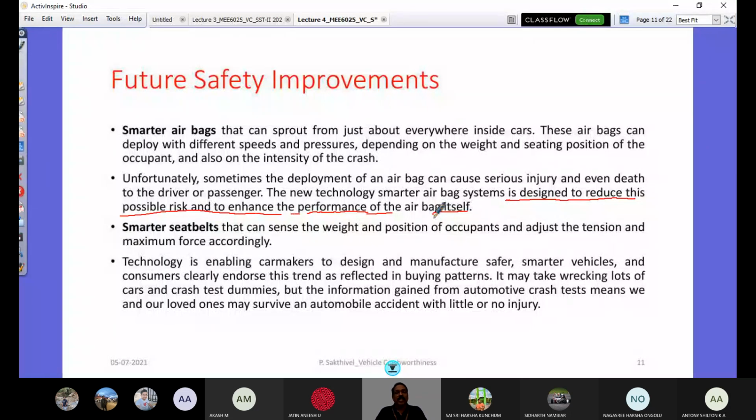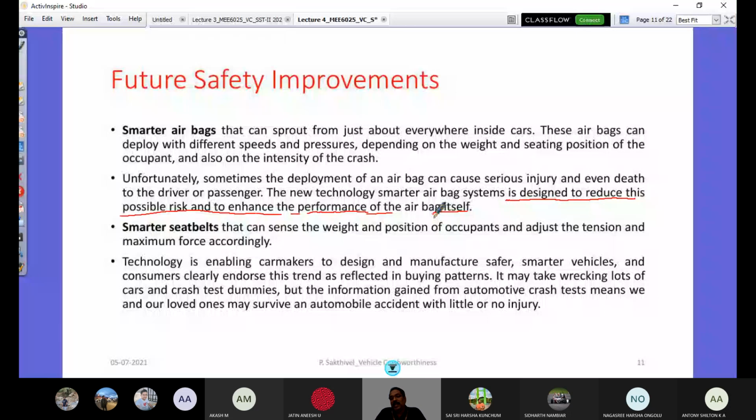And similarly, smarter seat belts can sense the weight and position of occupants and adjust the tension and maximum force accordingly. So technology is enabling car makers to design and manufacture safer, smarter vehicles, and consumers clearly endorse this trend, as reflected by buying patterns. The vehicle which is more popular in the market now stands based on its safety measures.